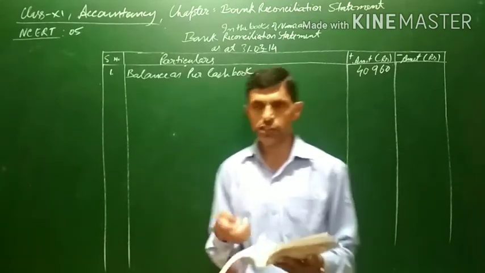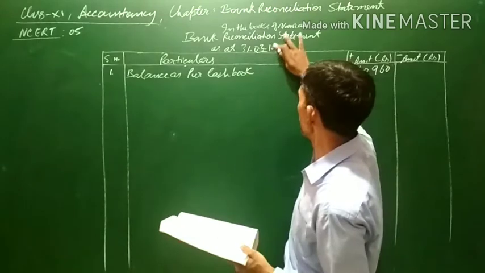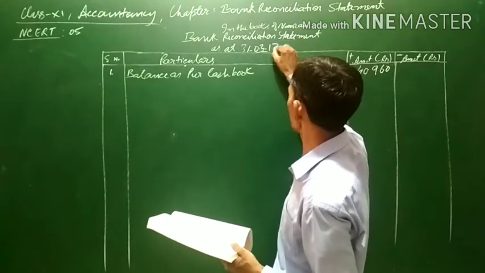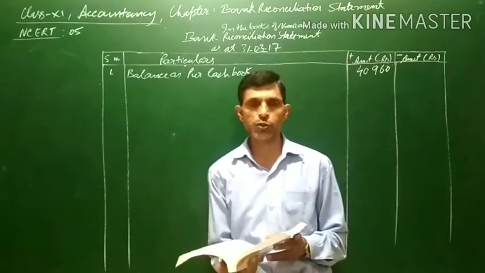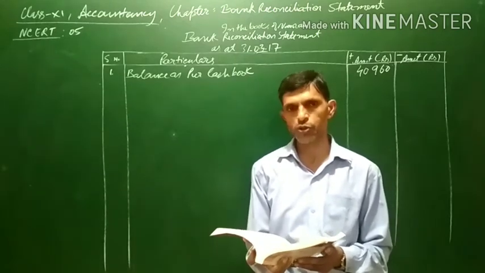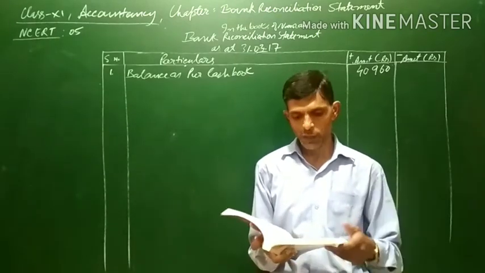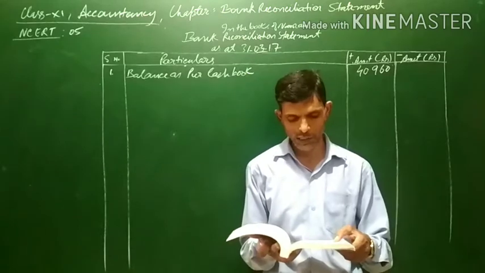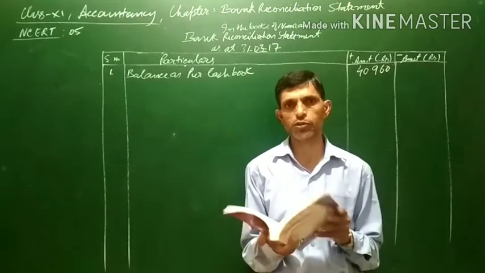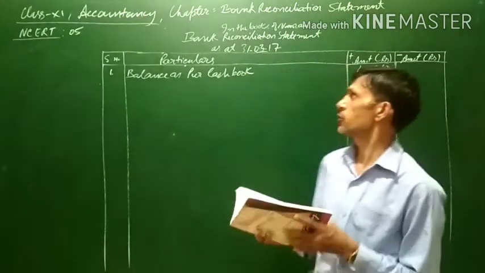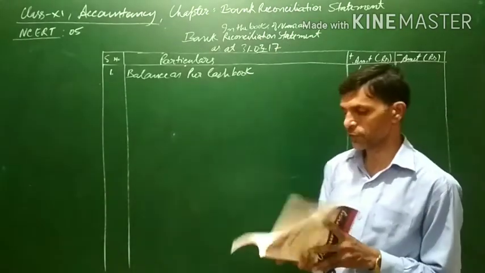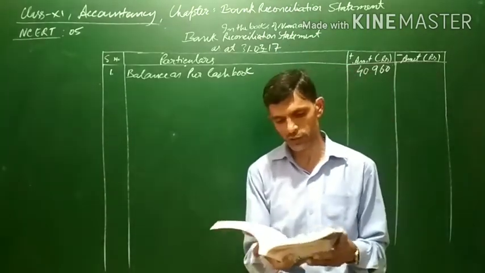So instead of considering this as 2014, we will consider it as 2017, assuming it to be a printing mistake. So a bit of correction is there. We will write 2017 instead of 2014, which is given in the question.